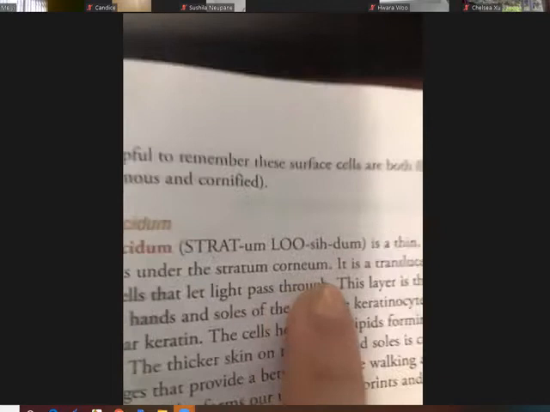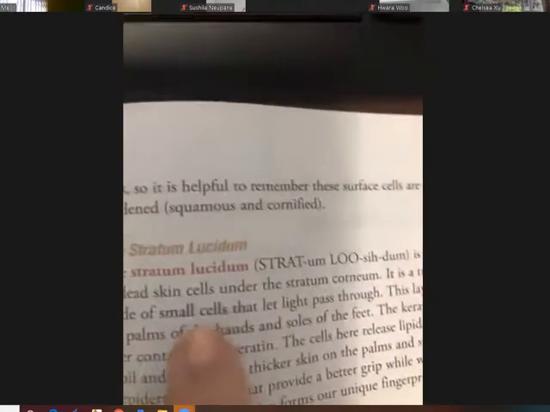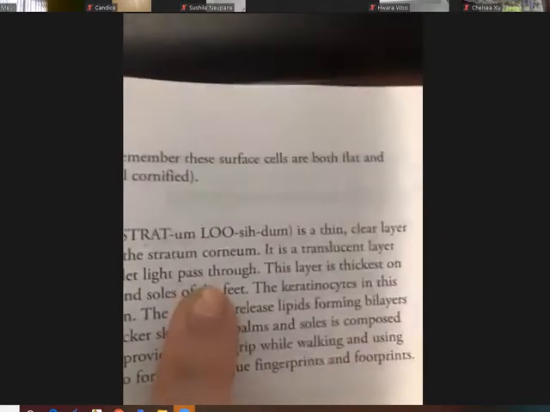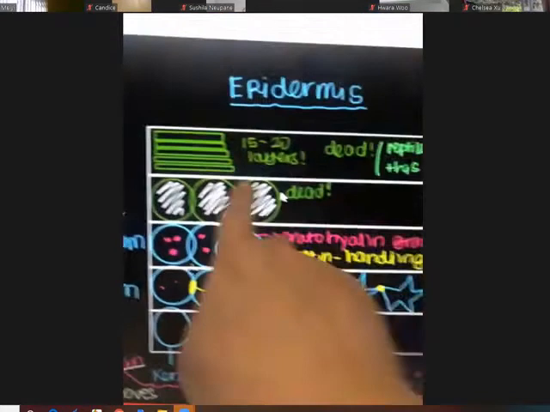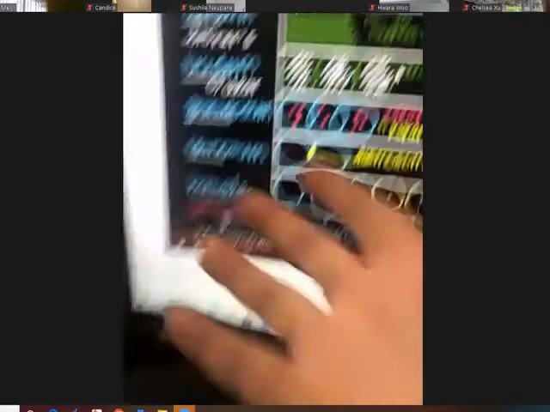Under the stratum corneum, it is a translucent layer made out of small cells that let light pass through. And this layer is the thickest on the palms of your hand, okay, and the soles of your feet. So this second layer on your palm, you can see here. Why is it so thick? It's because this stratum lucidum on your palm is very thick.